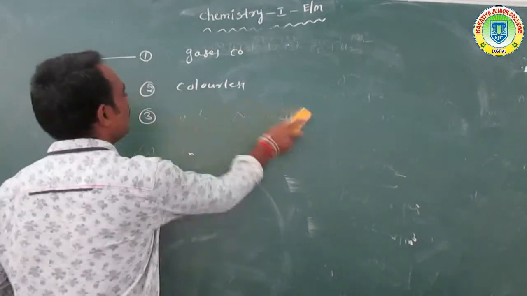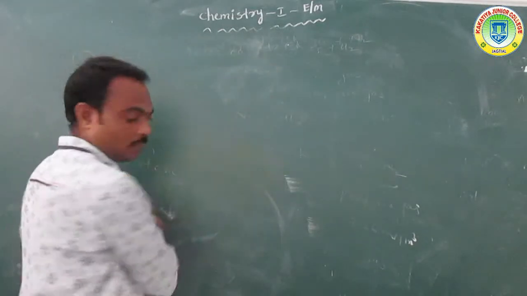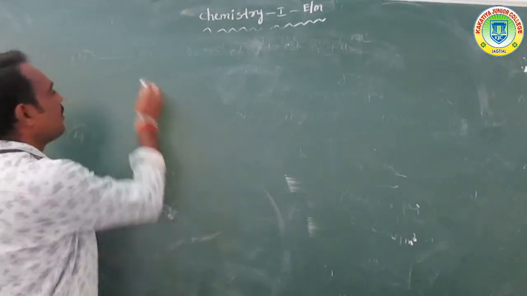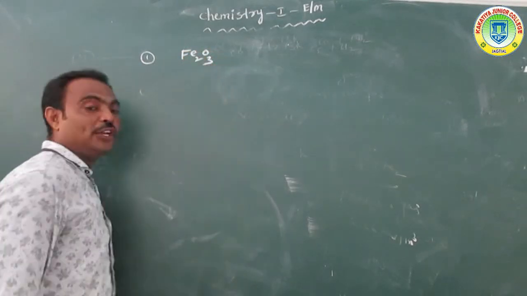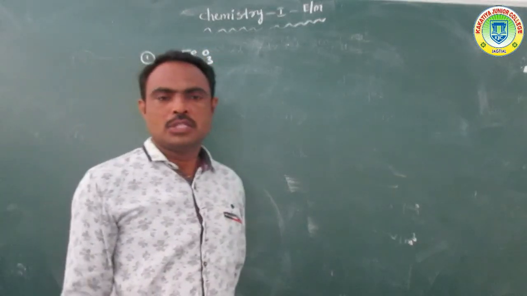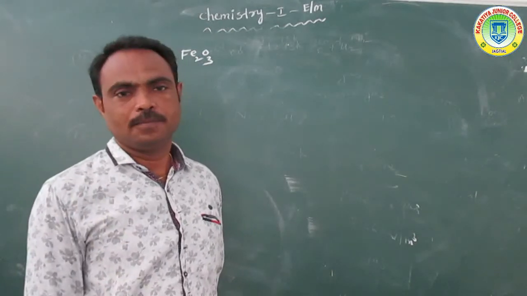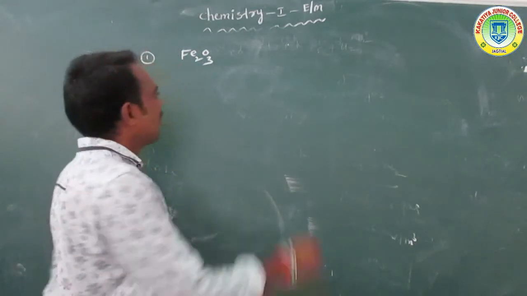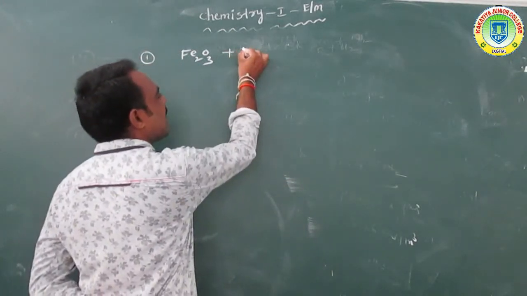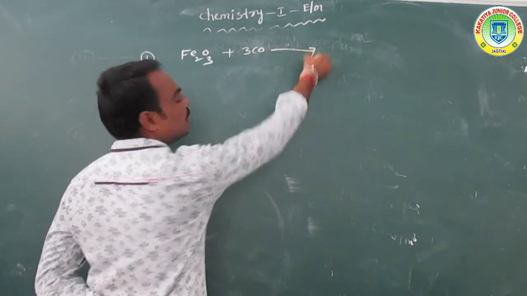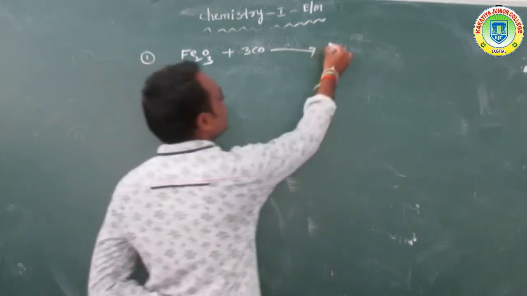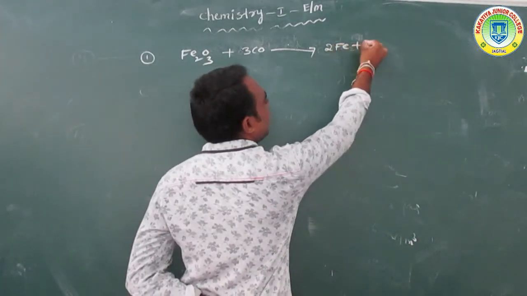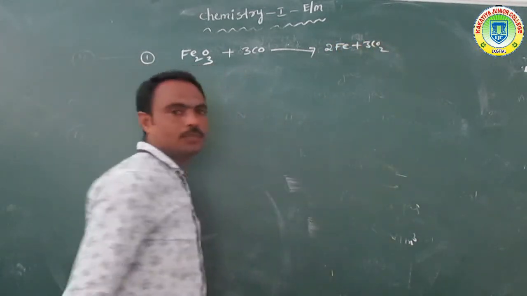Suppose, for example, we have taken Fe2O3, iron trioxide. When this iron trioxide reacts with carbon monoxide, the reaction forms 2Fe and 3CO2.